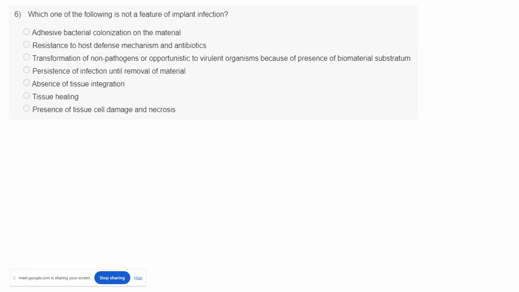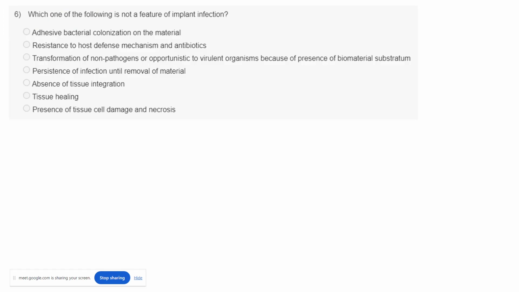Tissue healing is the correct answer. It is not a feature of implant infection. Due to implant infection, there is growth of bacteria and biofilm formation, leading to adhesive bacterial colonization and then biofilm formation.